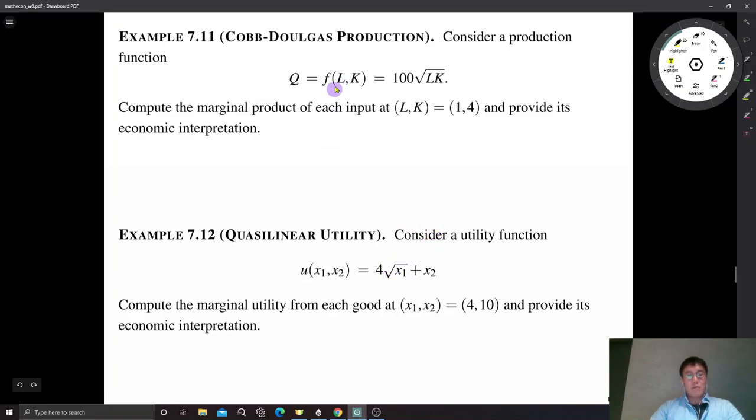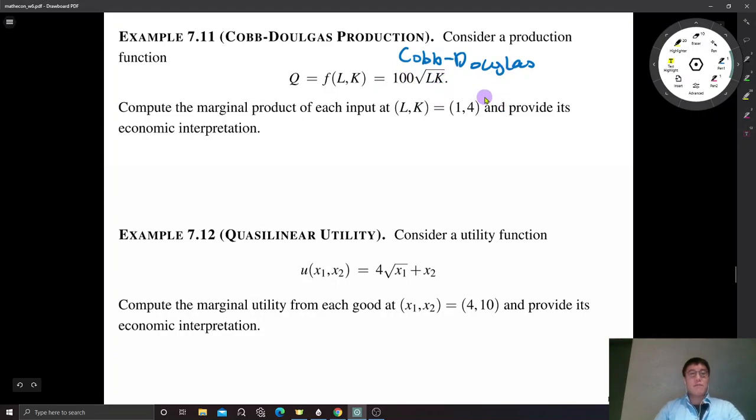Right? So let me do just one more exercise. So now the production function is specified by this Cobb-Douglas function. This is called the Cobb-Douglas in economics. So if you study intermediate micro or intermediate macro, in both disciplines you will see this type of function several times. Okay, so it is given by 100, that is a constant, an arbitrary constant, times the square root of L times K. Okay?